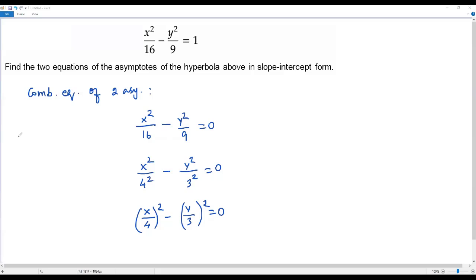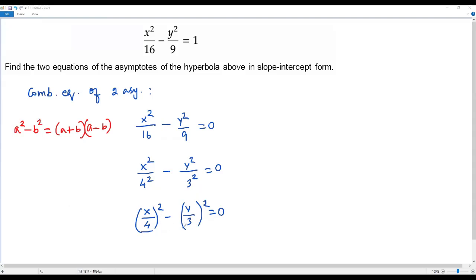Now let me consider one of the important and basic identities in algebra, that is a squared minus b squared equals a plus b times a minus b. Actually, this is the difference of two squares. Whenever we have a difference of two squares, it can be written in factor form like a plus b times a minus b. When I consider the expression here, it is exactly in the form a squared minus b squared.